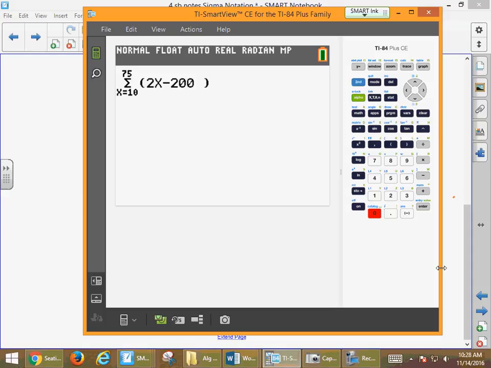And when we press enter, we should get the same value that we got, which is negative 7,590.